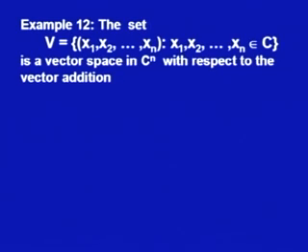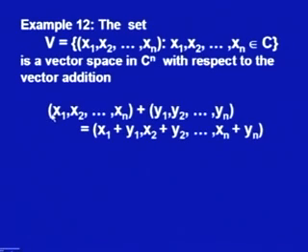I will illustrate with this example. The set of n tuples V is equal to x1, x2, up to xn, where x1, x2, up to xn belong to C, is a vector space in Cn with respect to vector addition, which is defined as follows: x1, x2, xn belonging to V, y1, y2, yn belonging to V. The sum of the two is again an n tuple where component wise addition is taking place.